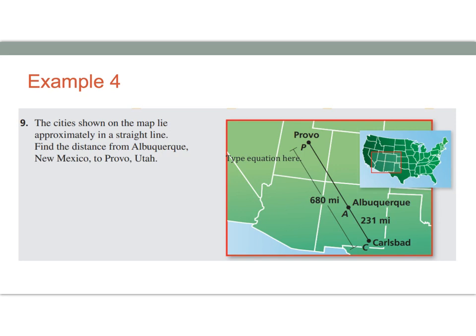The final example for today is example 4, and it says the cities shown on the map lie approximately in a straight line. We want to find the distance from Albuquerque, New Mexico to Provo, Utah.